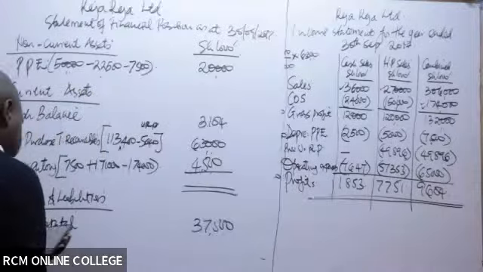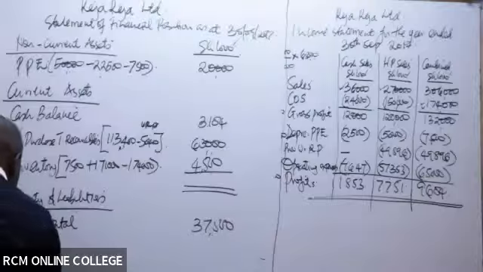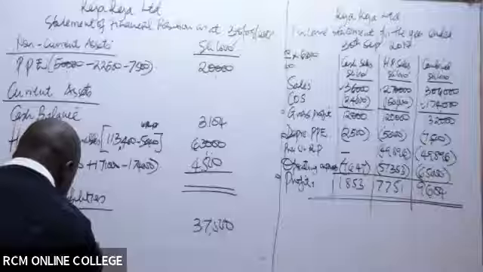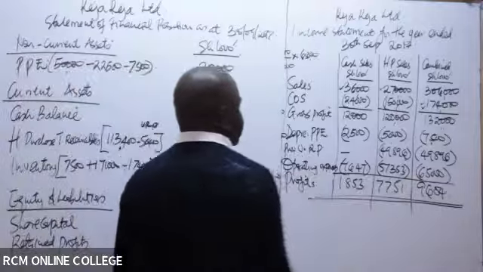We have a share capital of 37,500. Then we have retained profits. Retained profit is normally part of the equity. Our retained profits is actually here, you can see it there, 9604.